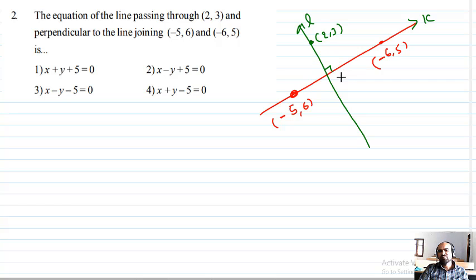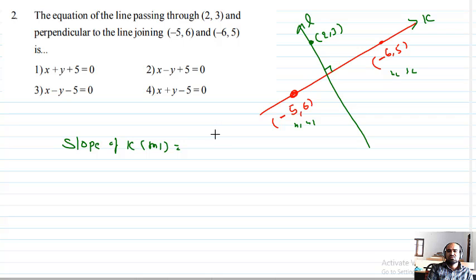These two are perpendicular, so you can find slope of K first, and from that you can find slope of L. Okay, I will write slope of K. M1 equal to y2 minus y1 by x2 minus x1, say x1, y1, x2, y2. So 5 minus 6 by minus 6 plus 5, that is equal to minus 1 by minus 1, that is equal to 1.